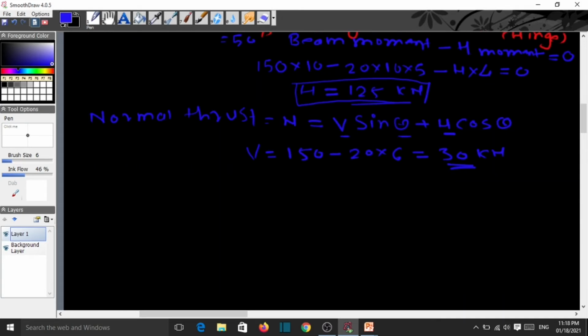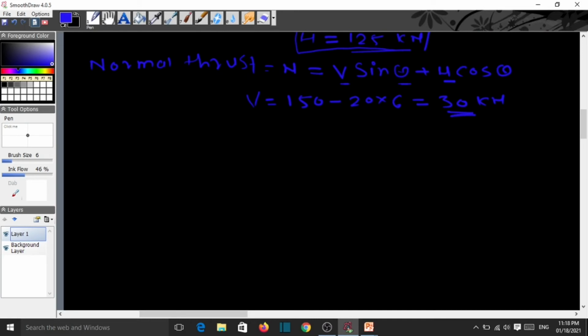So how to calculate the theta? Now for the parabolic arch, we know anywhere y is equal to 4hx divided by L square into L minus x. Now this dy by dx is known as tan theta.